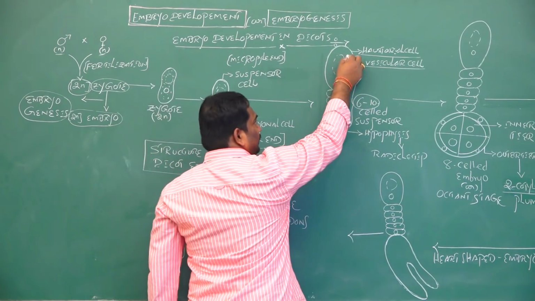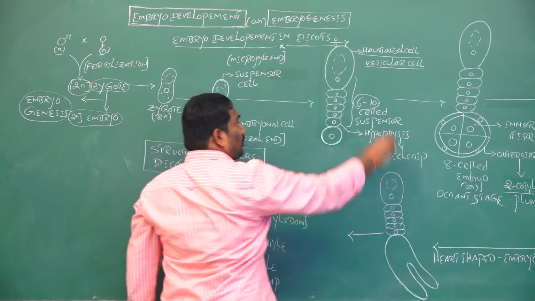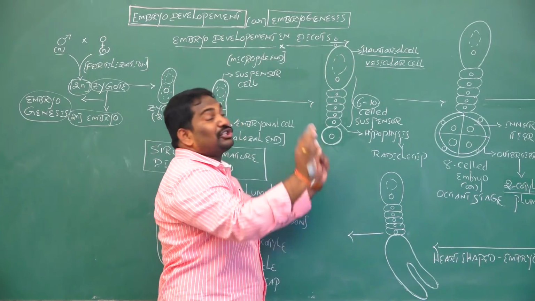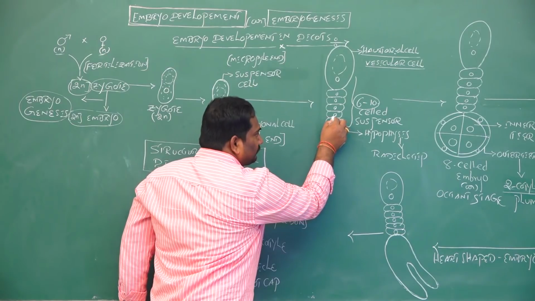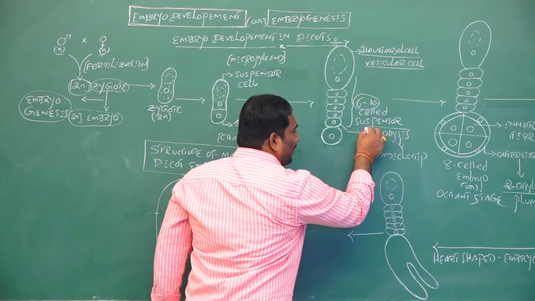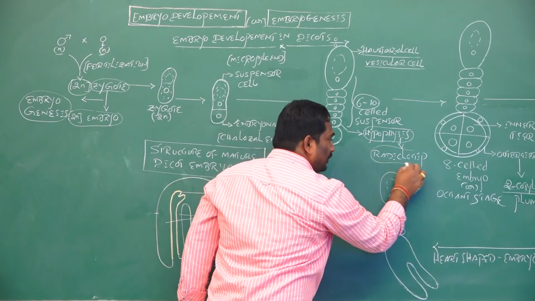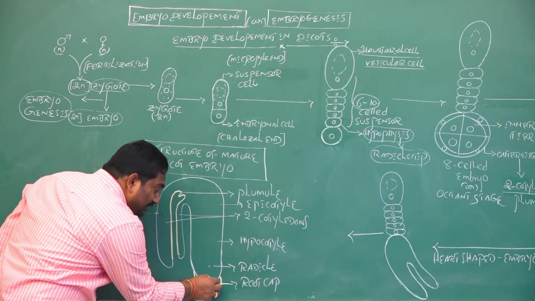the first suspensor cell is large in size. It is called the haustorial cell, also called the vesicular cell. And the last cell in the suspensor is called the hypophysis. Its main function is the formation of the radicle tip, which is nothing but the root tip.